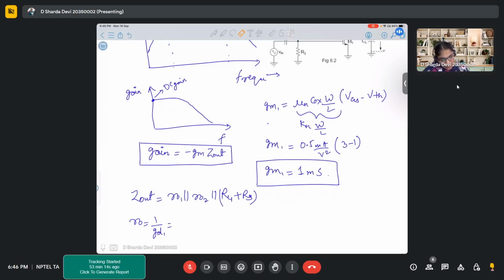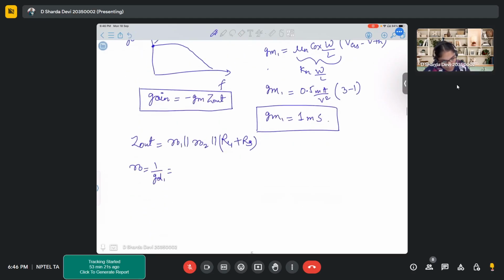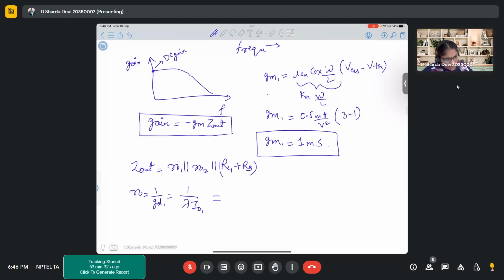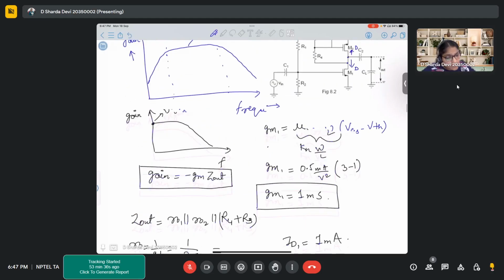So 1 by VD1, so this is 1 by lambda ID1. So ID we already calculated, I guess, right? 1 milliampere. One particular thing where AC ground is considered, that will be short circuit.